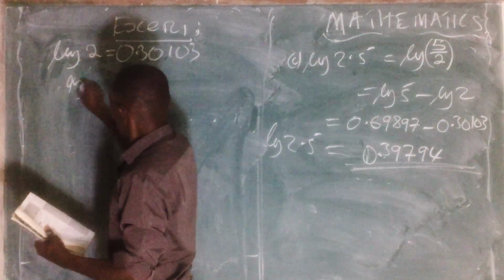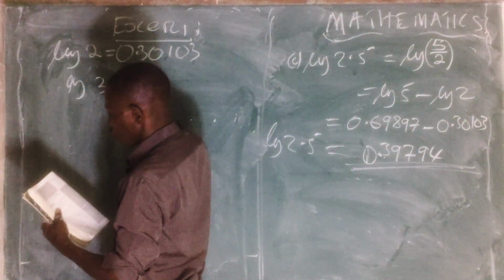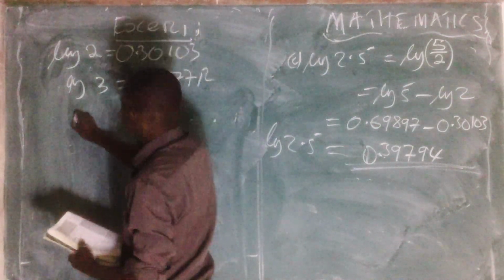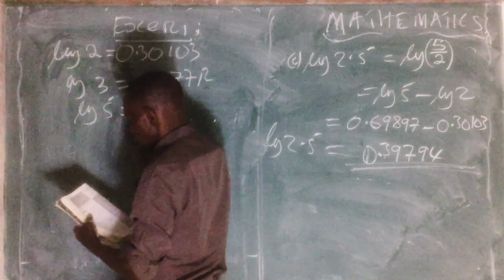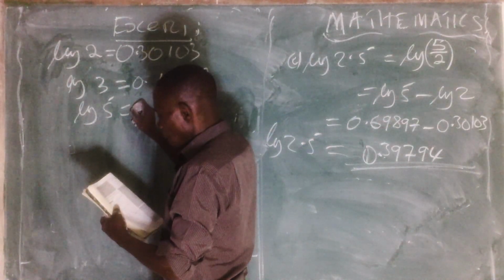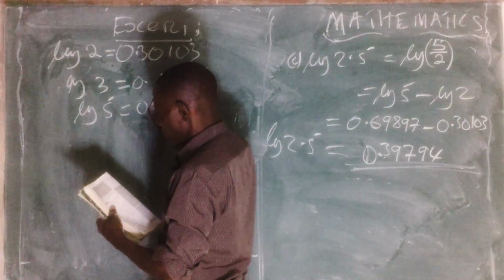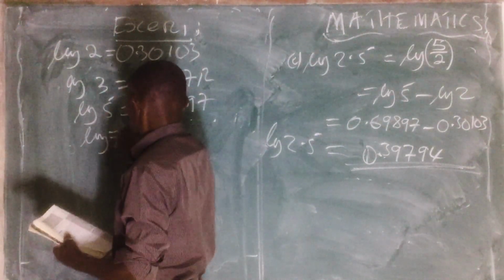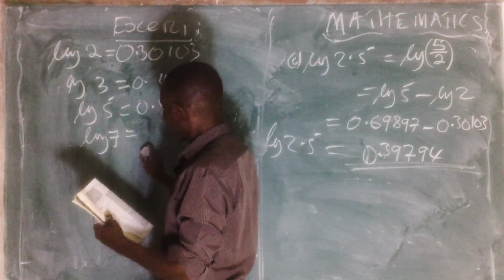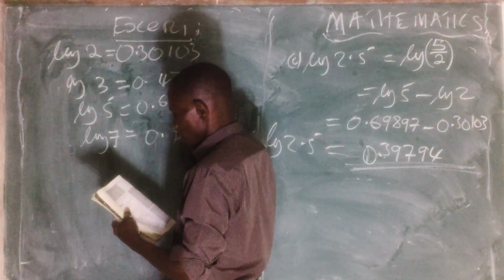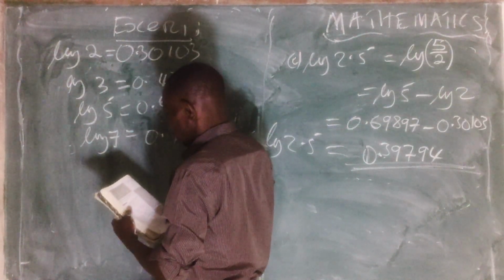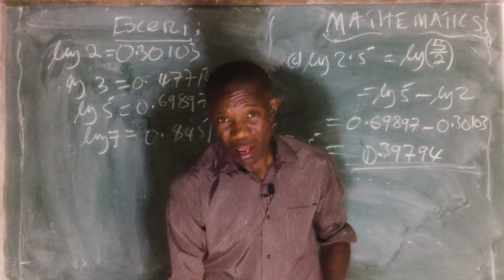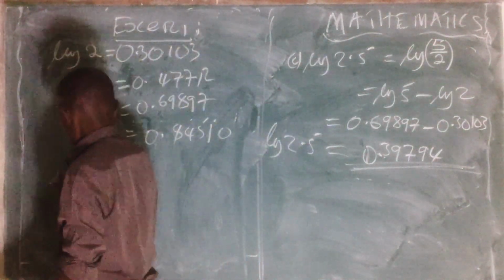And also the logarithm of 3 is equal to 0.47712. The logarithm of 5 is given as 0.69897, and we're adding the logarithm of 7, given as 0.84510. So without using a calculator, can you work out the following?